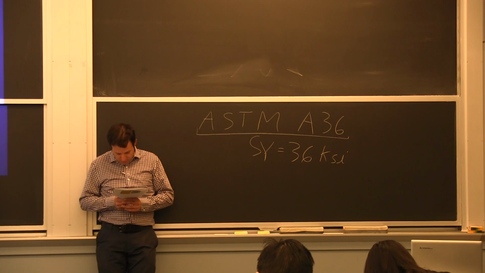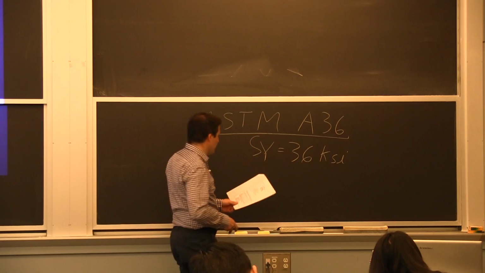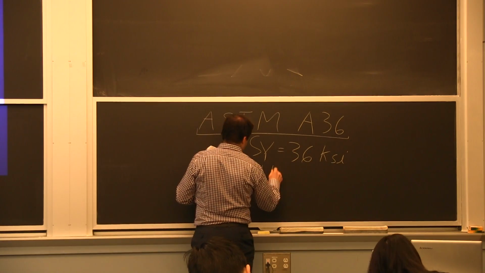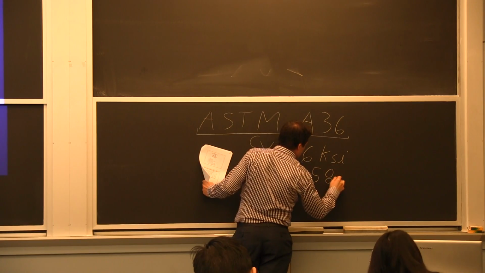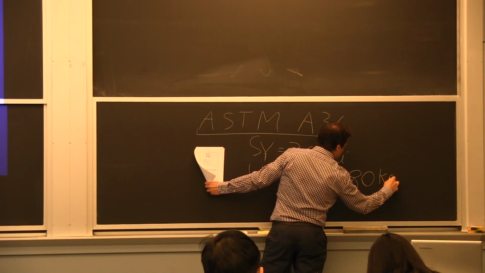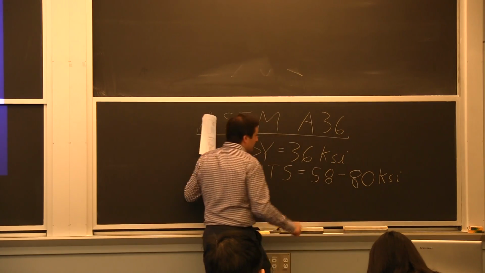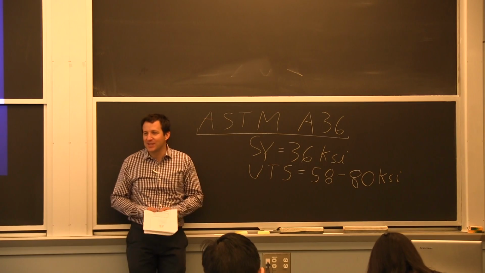If you look into more of the detail, it tells you the tensile strength is going to be between 58 and 80. If you ask me, that's a pretty broad range for today's standard.